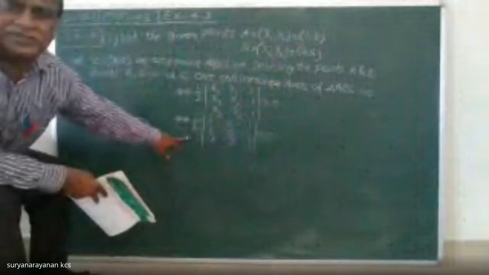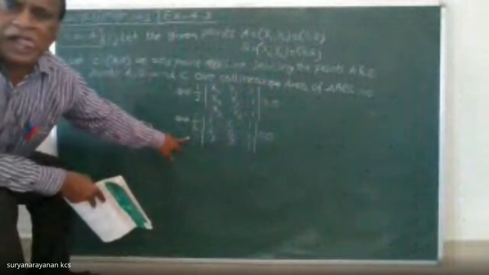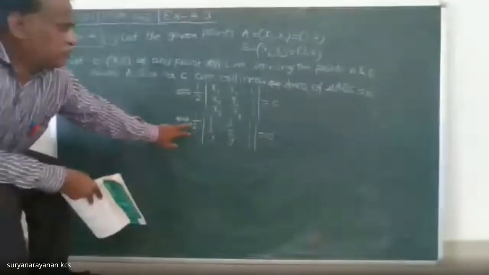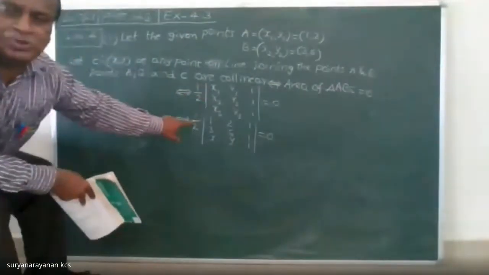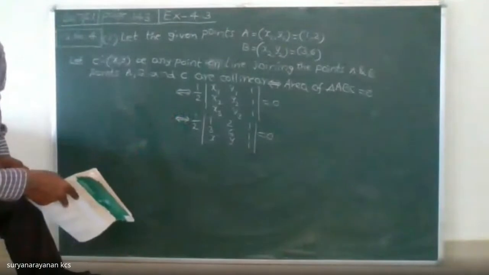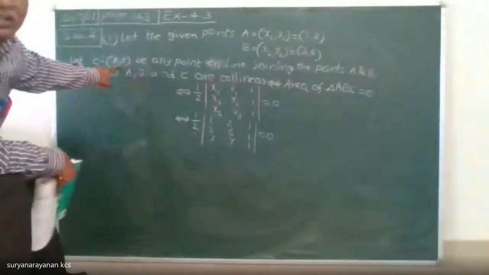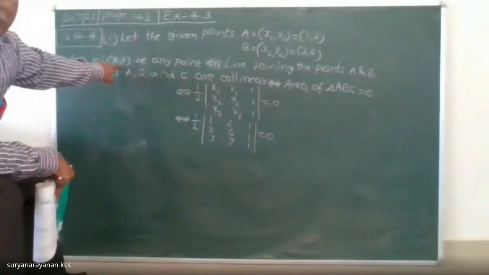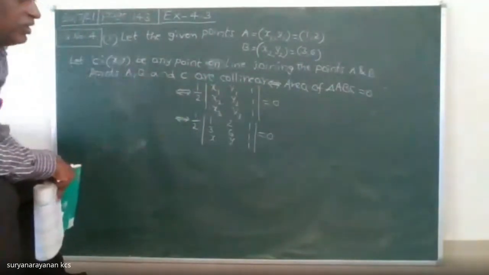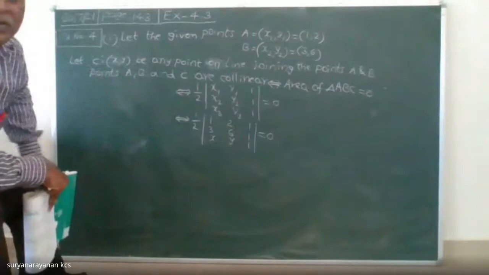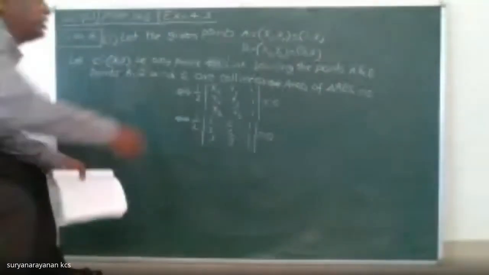Understood this step, my children? Yes, sir. In the formula, I substituted x1, y1, x2, y2, and x3, y3, where x3, y3 is nothing but the coordinates of the third point. So from this equation, we find the equation of the line joining the points A and B.